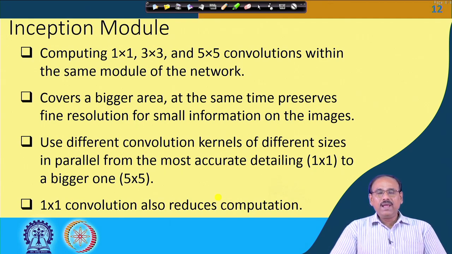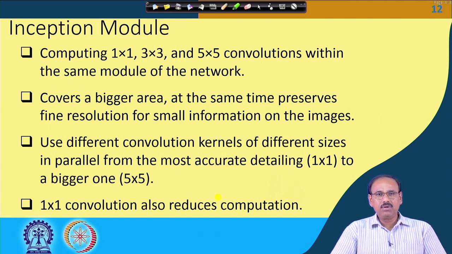Now, when I have larger convolution kernels, they cover a larger area to compute the features. So when it is a 5 by 5 convolution kernel, it covers a receptive field of 5 by 5 pixels to give you the features within those 5 by 5 pixels.